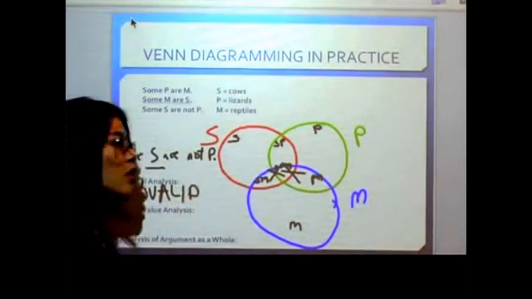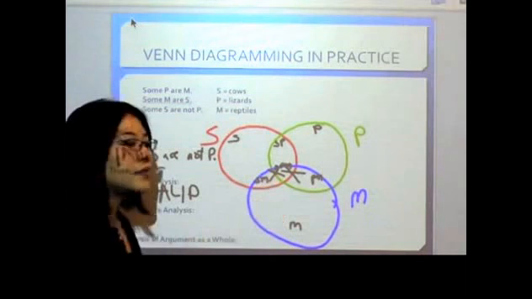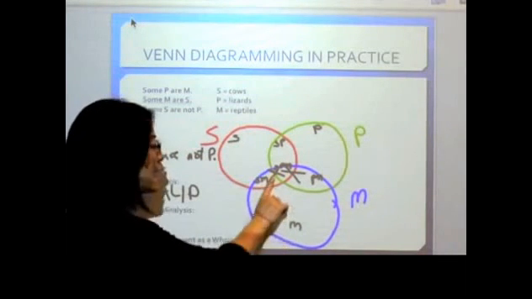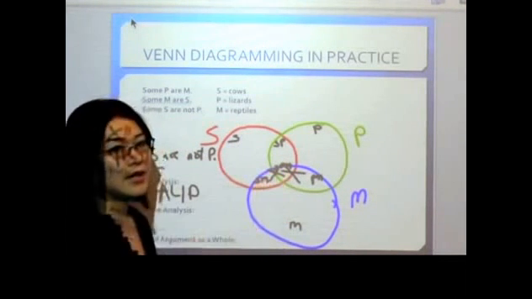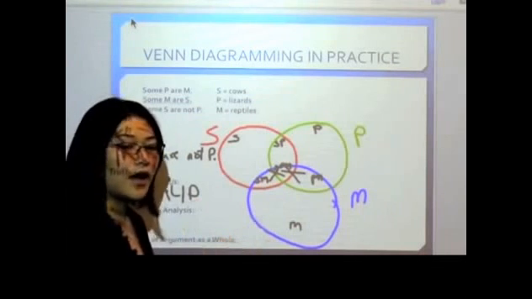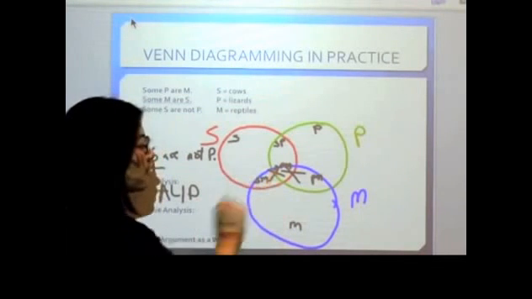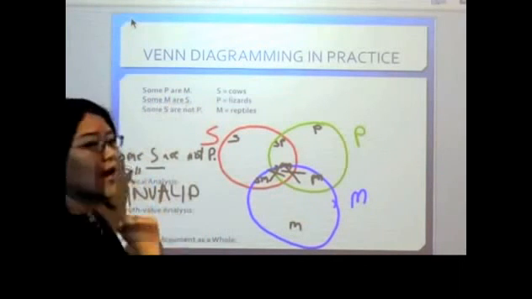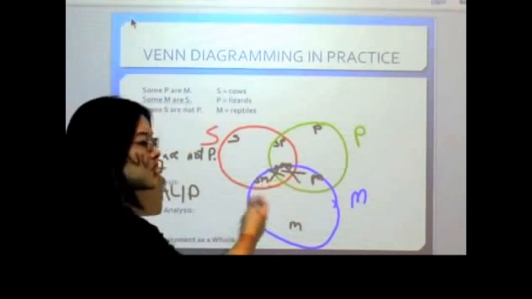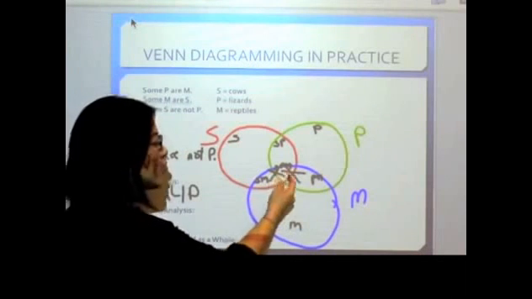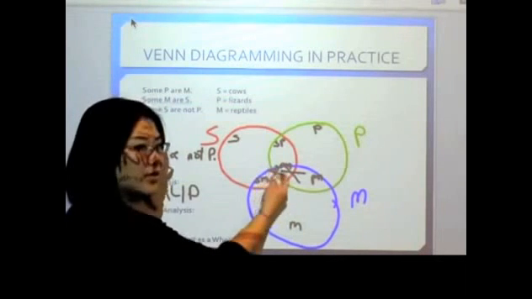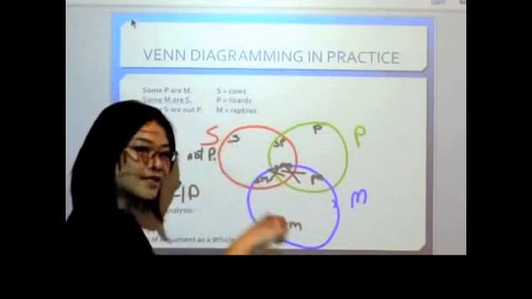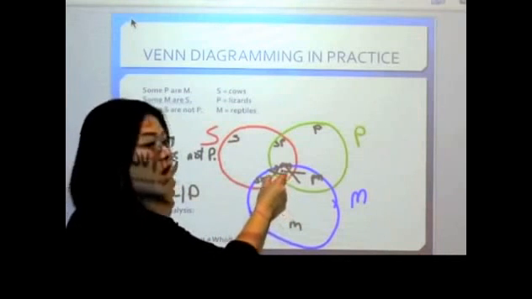Now you might ask, well, what about this X here on the line? Here's the thing, the X is not inside this area. It's on the line. We put it on the line because the premise, Some M are S, didn't actually give us enough information to determine which area, that's an S and an M, that X would go inside of. That's why we put it on the line.